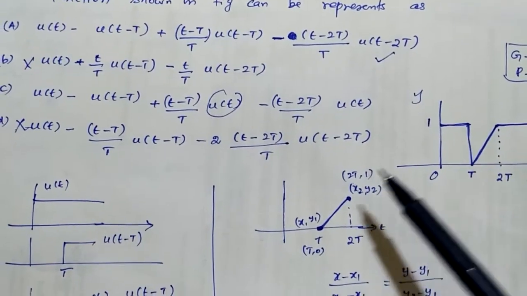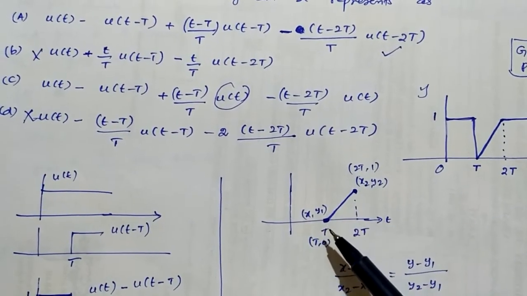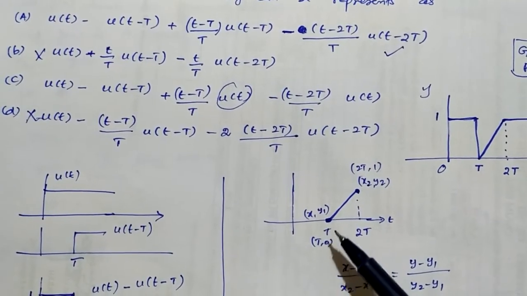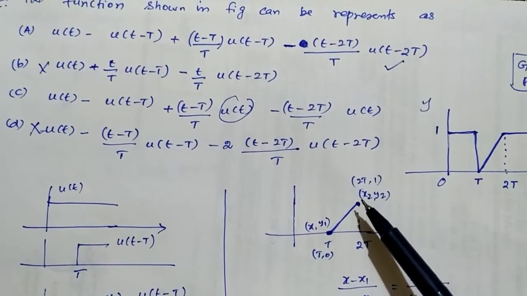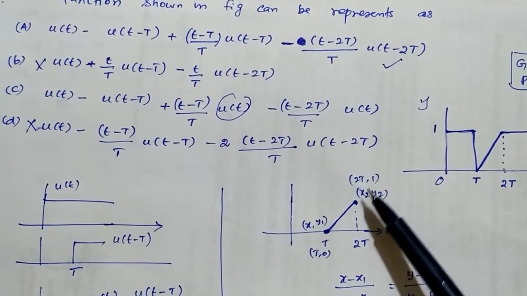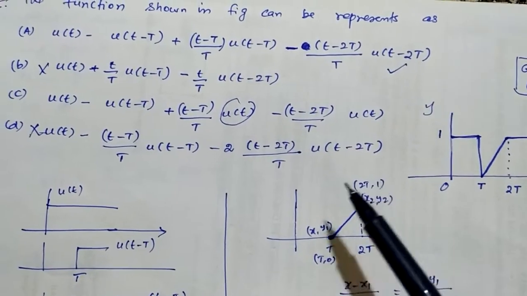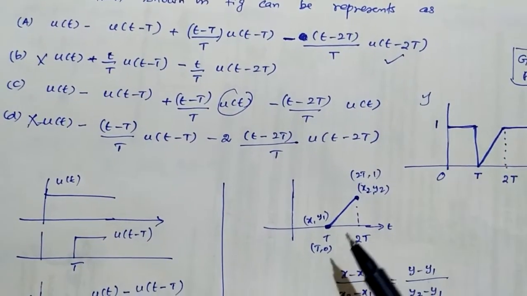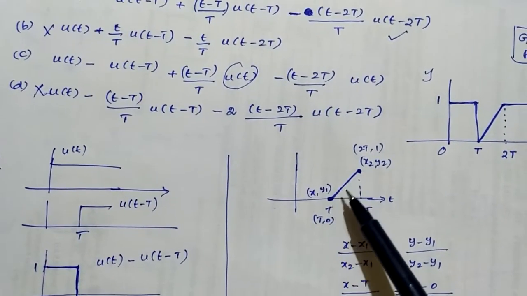So again we are taking that function separately. So it is a linear function with the coordinate value T comma 0. So this point is T comma 0 and this point is 2T comma 1. So the x-axis value is 2T and the y-axis value is 1. So it is a straight line.